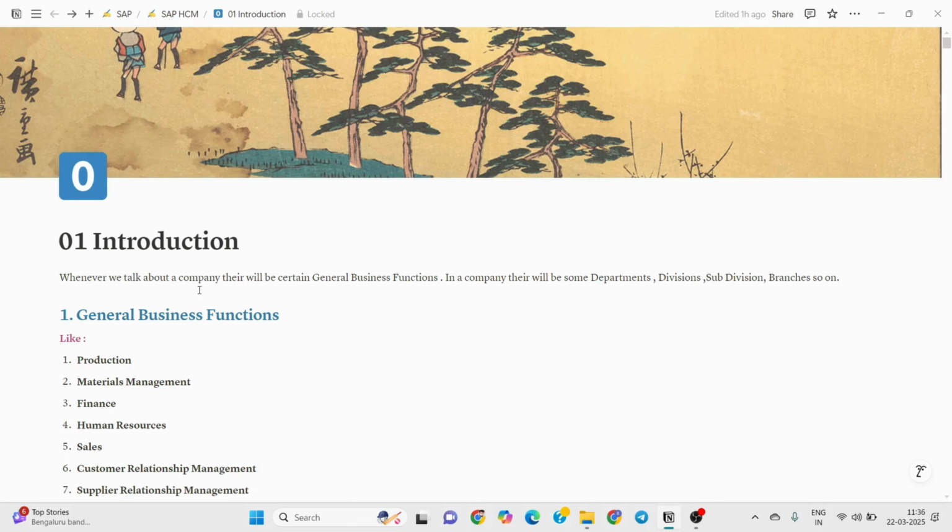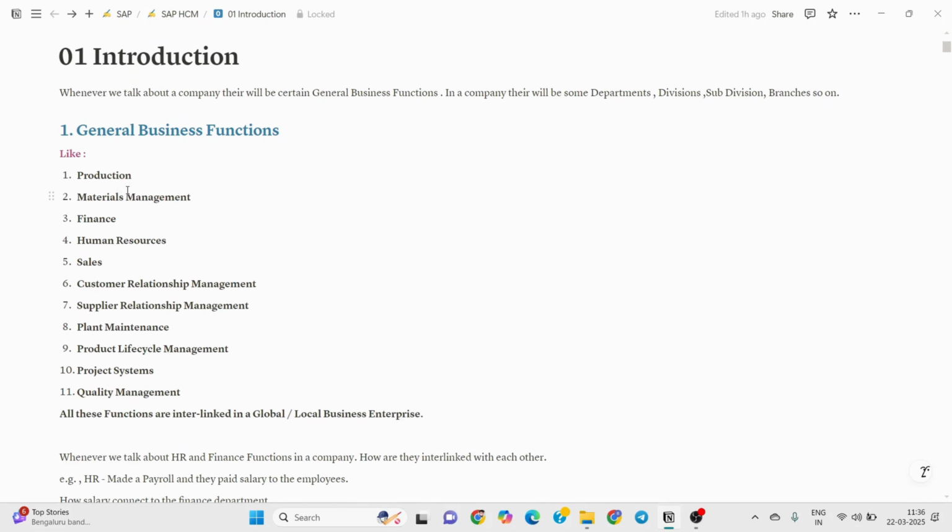Whenever we talk about a company, there will be certain general business functions, meaning every company has some functions. In a company there will be departments, divisions, subdivisions and branches, and in these there is lots of work. I have mentioned some work here: production, material management, finance, human resource, sales, customer relationship management, supply relationship management, plant maintenance, product life cycle management, project system, quality management.